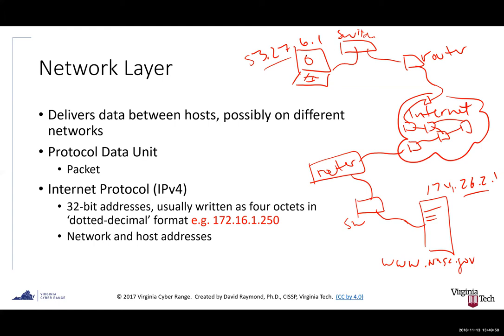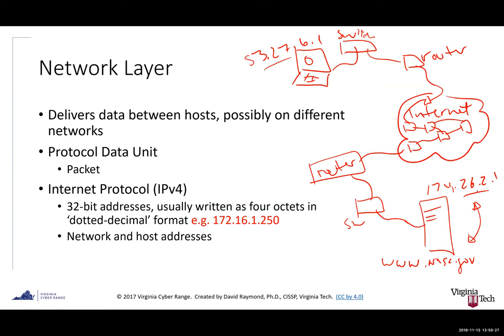So here I have my computer in a network at Virginia Tech, and I have www.nasa.gov, which is sitting in a data center somewhere up in Northern Virginia, and between us two are some portion of the internet. And so the network layer is going to make sure that when I browse to that specific URL, www.nasa.gov, that URL is properly associated with a specific IP address, and my computer will request that web page from that IP address, and that data will get properly routed through the internet in order to connect to that IP address on the far end.